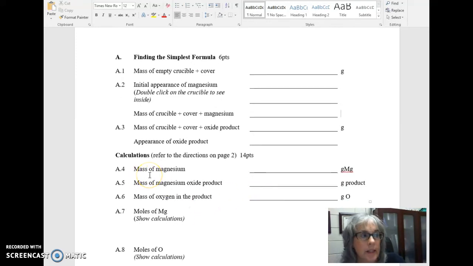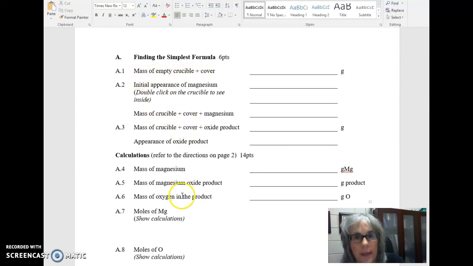We begin our calculations. The mass of the magnesium will be the mass of the crucible, cover, and magnesium minus the mass of the empty crucible and cover. The mass of the magnesium oxide product will be equal to the mass of the crucible, cover, and oxide product minus the mass of the empty crucible and cover.